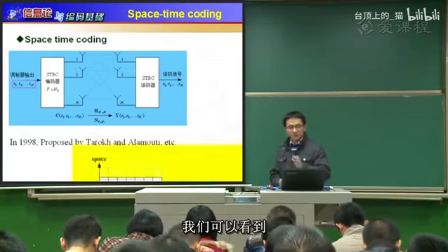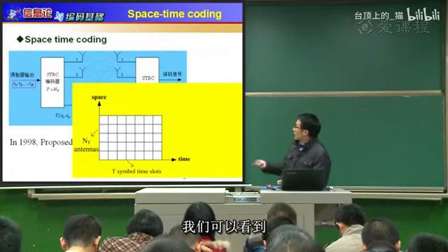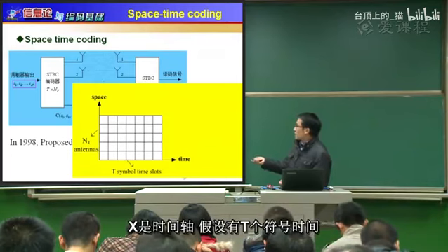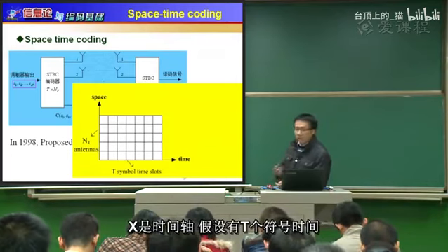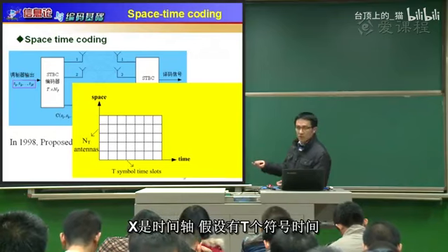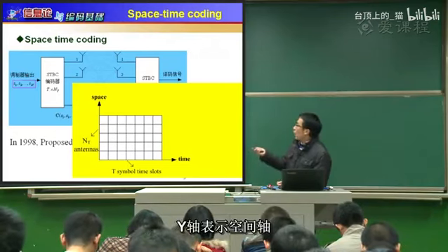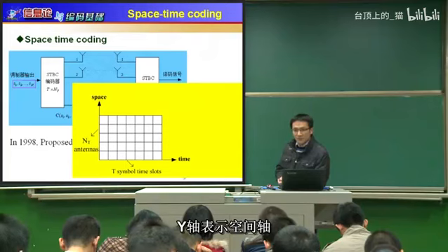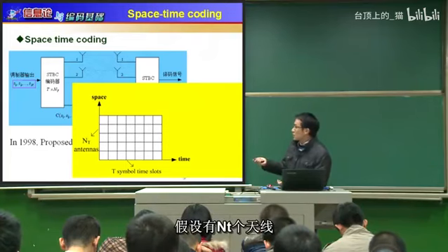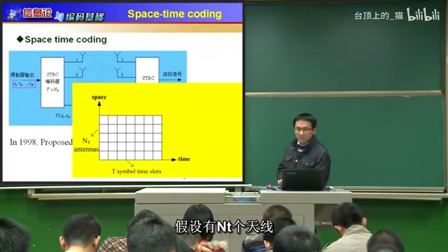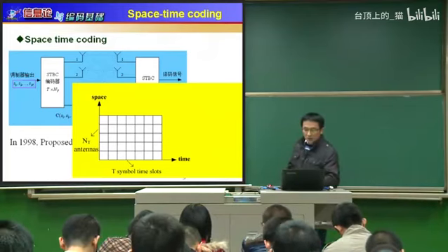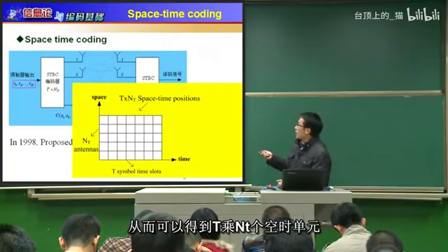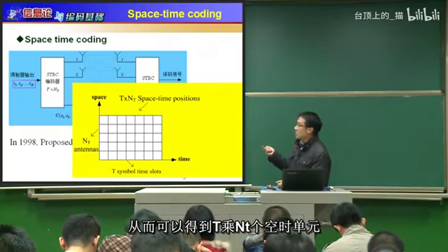We can see the x-axis is time. We suppose there are T symbol time slots, and the y-axis denotes the antennas, denotes the space, which denotes the NT antennas. Okay. So we can get a T by NT space-time positions.